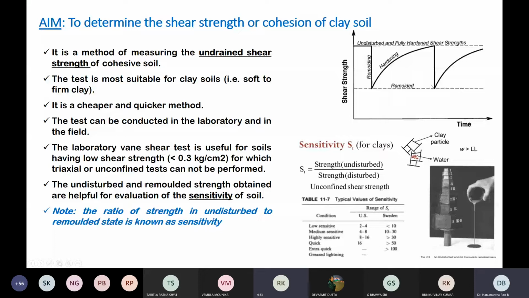Okay, sensitivity with an example. Just imagine you have a clay soil sample collected from the field. When you have collected it from the field, you try to measure the strength of it.